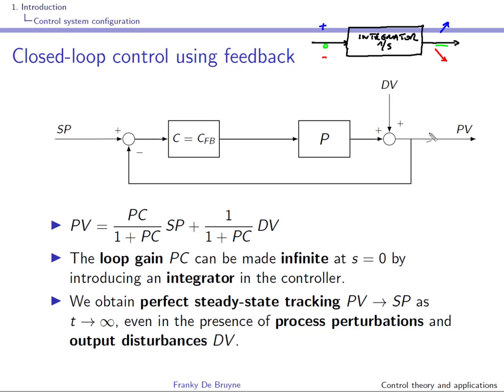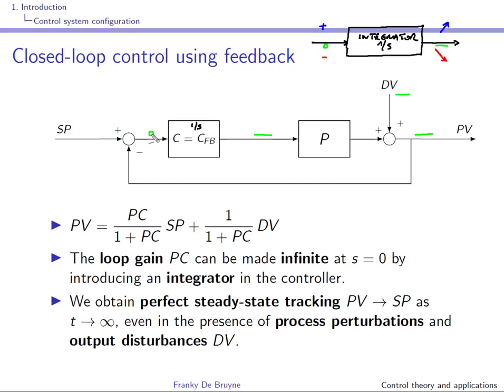So the only way to arrive at a steady state, and a steady state means that all signals are constant here. This one is constant, this one is constant, and if you have the presence here of an integrator 1 over S in the controller, the only way to have something constant over here is to have the 0 signal at the input of the controller, okay?